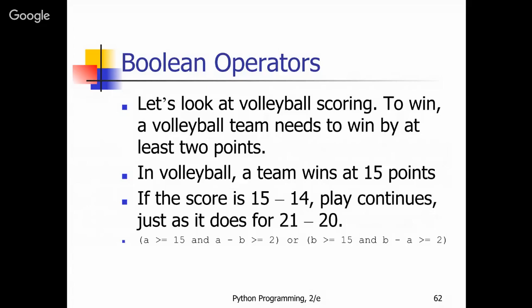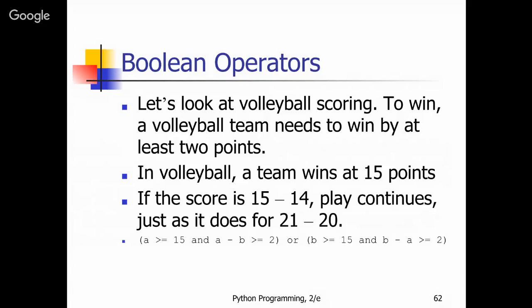So what does this look like if we express it with a logical expression? We want A's score to be greater than 15, and the difference between the A and the B score has to be greater than or equal to 2, so that's the first condition, or the second team's score has to be greater than 15, and the difference between the second and the first has to be greater than or equal to 2, right?